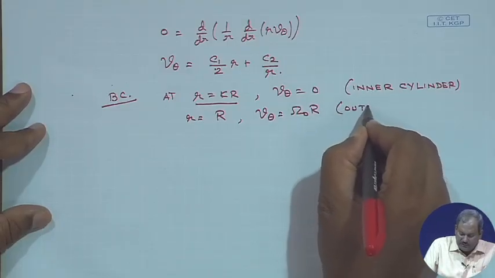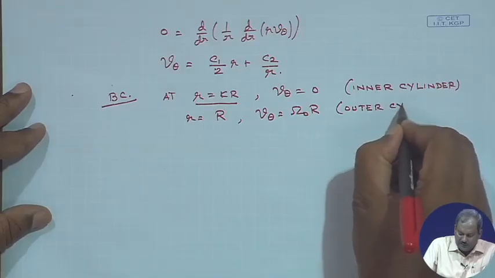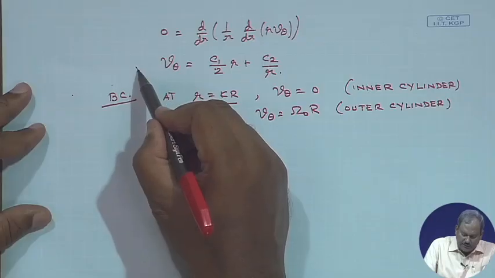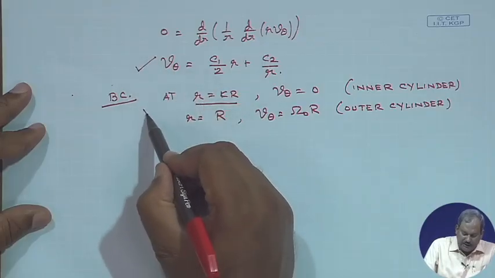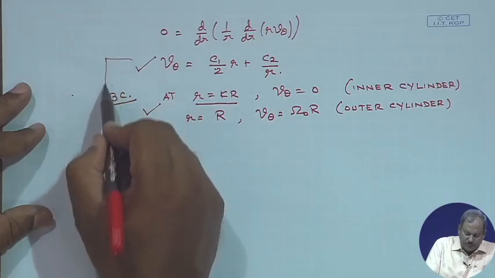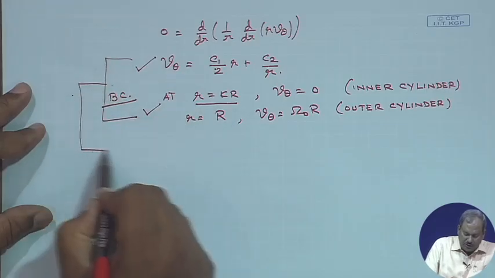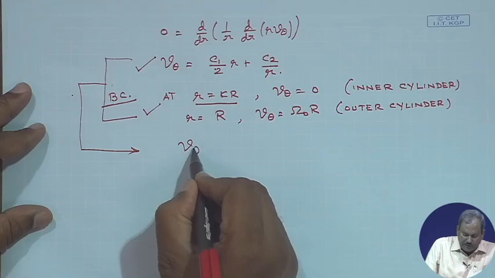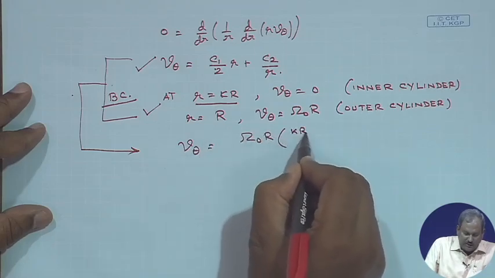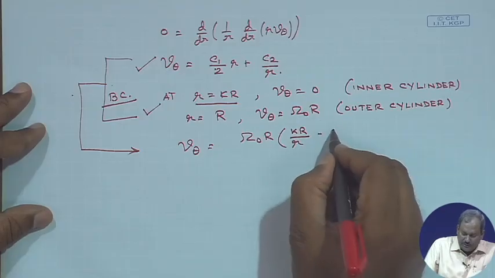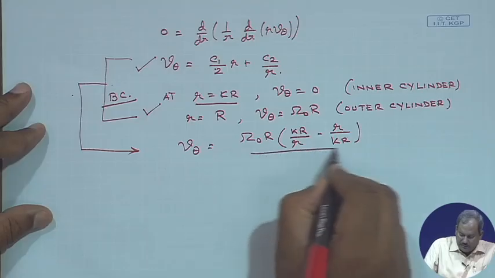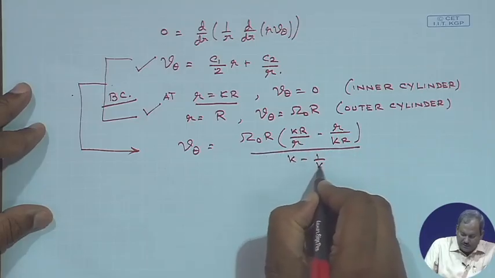This is what you have on the outer cylinder. So when you put the expression for velocity and the boundary conditions together, you obtain v_theta to be omega naught R times (kR/r minus r/kR) divided by (k minus 1/k).